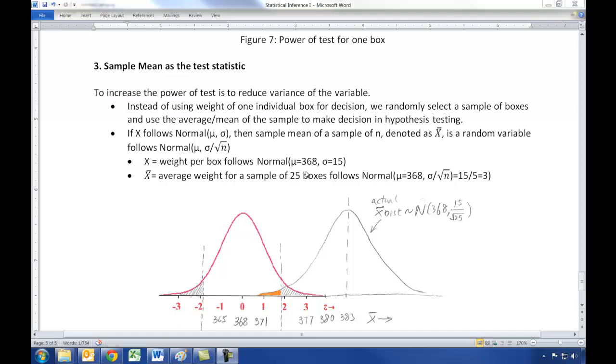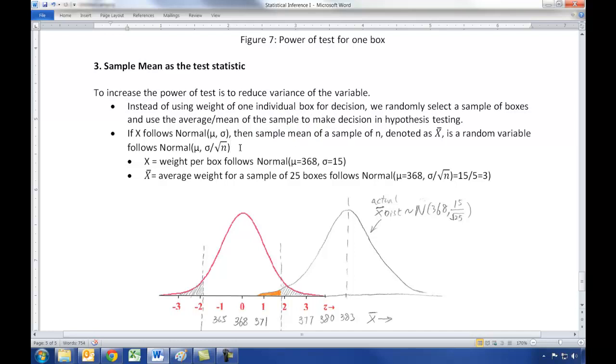So instead of using an individual box on which to base the decision of the hypothesis test, we will get a sample of multiple boxes, and we will use its average, which is called the mean of the sample, and we'll use the sample mean to make the decision.